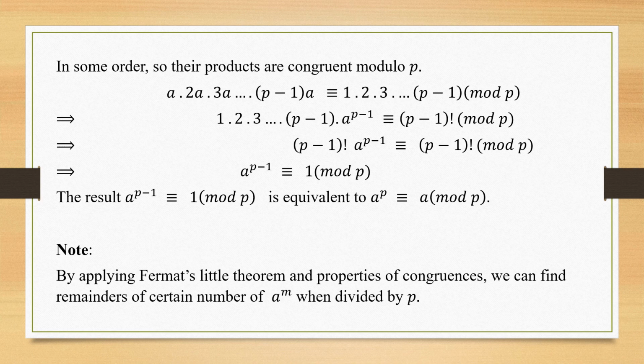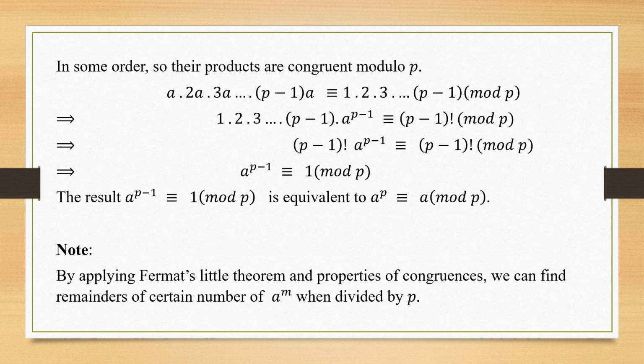How many a's am I having? It's a product, so from the first term I get a single a, and from the second term I get another single a. So a into a is a squared, and the number before a is the coefficient. Same way for 3a, I'll write a cubed. Same way, for this number of terms I can write a raised to the power p minus 1.